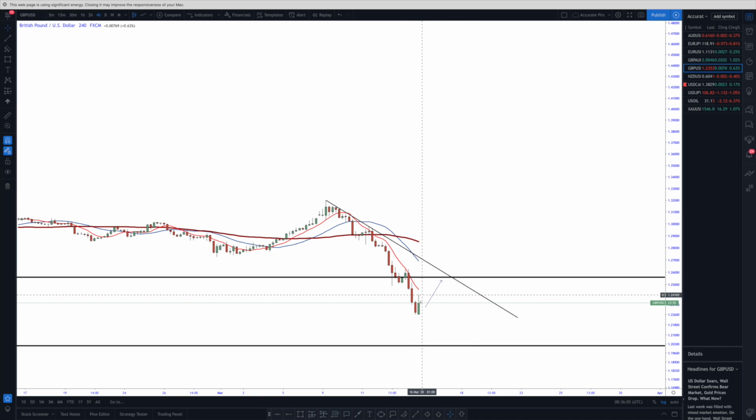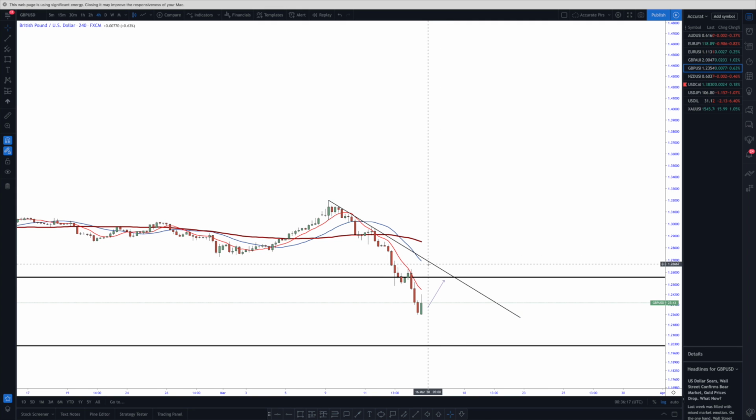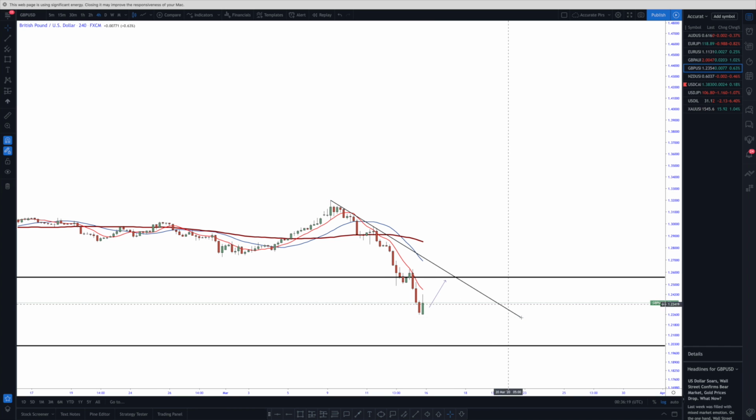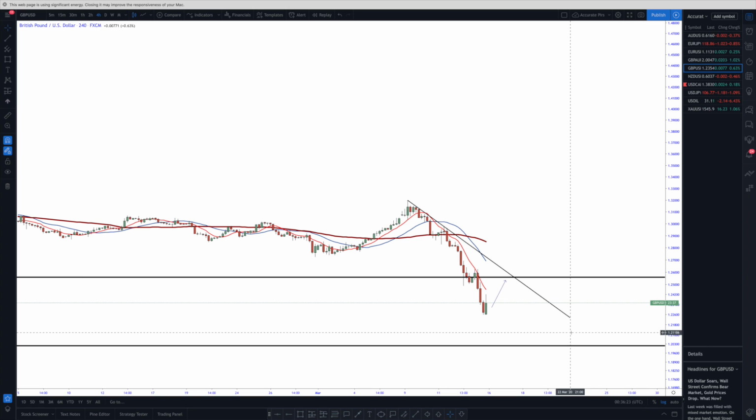Just a quick recap: see if we can get a retracement, pushing back up to this area here, and see if we can get a reversal pattern going on. If not, just monitor how the market reacts with our 4-hour trend line. And that's it for GBP USD.